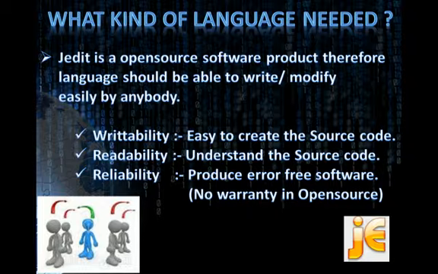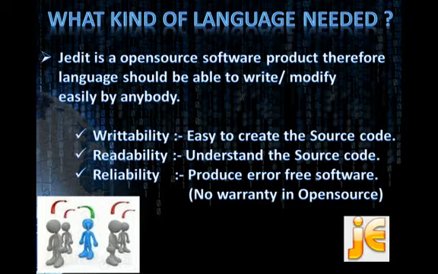Therefore, the language in which the software is created is very important. For that purpose, we have to consider some characteristics of programming languages. Let's see what characteristics are needed for open source software.